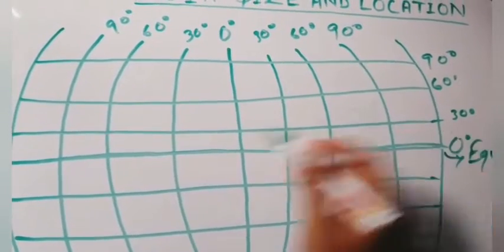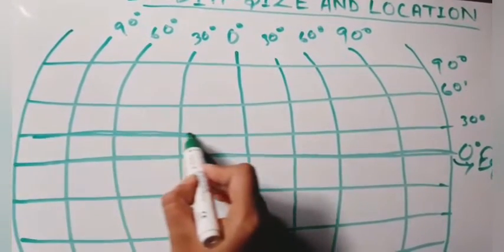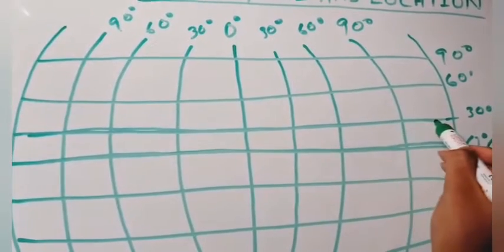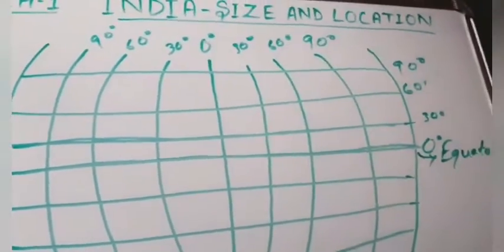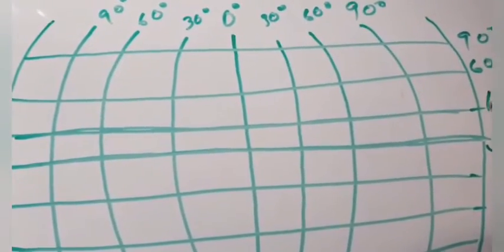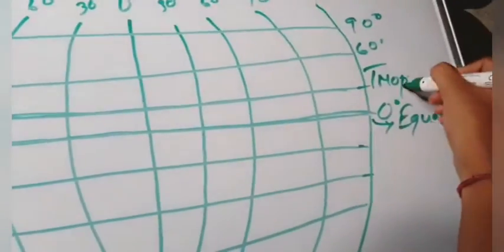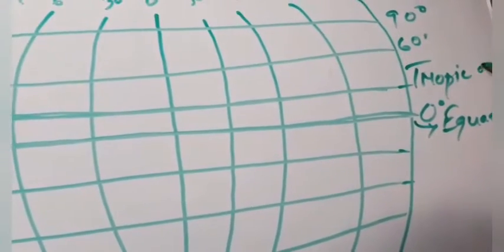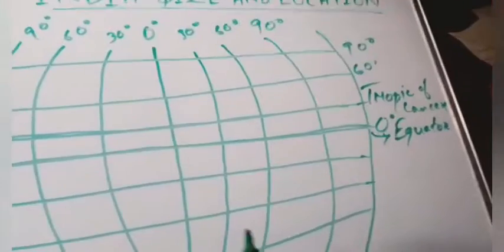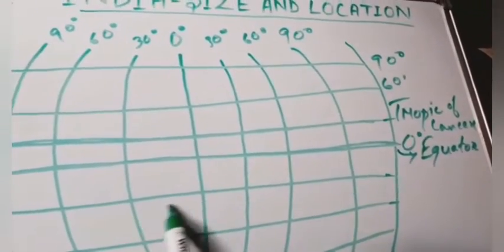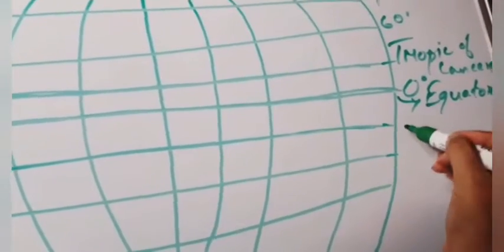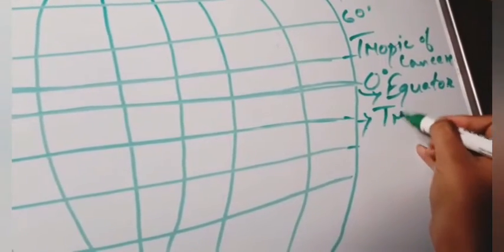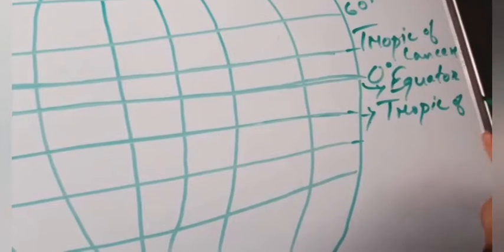And above that, this line is the Tropic of Cancer. Remember it? Similarly, this line below the equator is the Tropic of Capricorn.